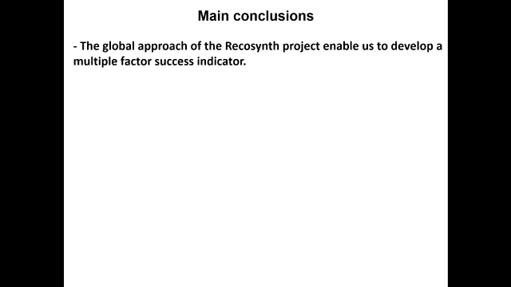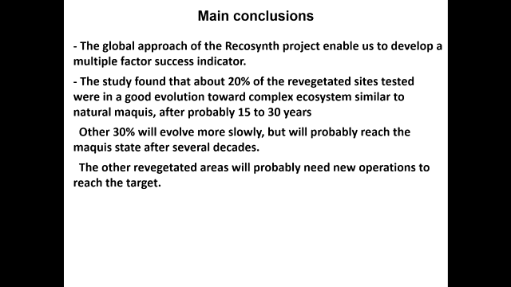Main conclusions: the global approach of the Reconcile project enabled us to develop a multi-factor success indicator. We found that about 20% of the vegetated sites tested were in a good evolution toward complex ecosystem, but they will reach it after probably 15 to 30 years.